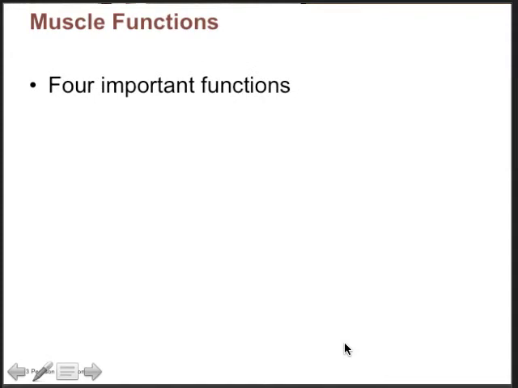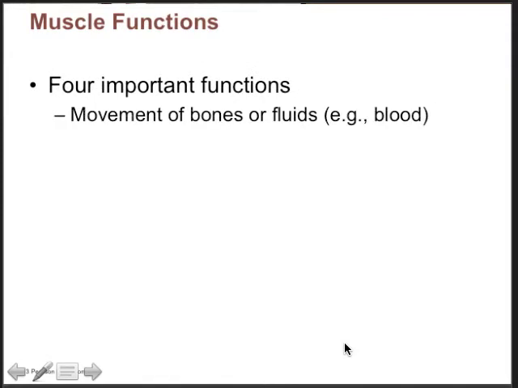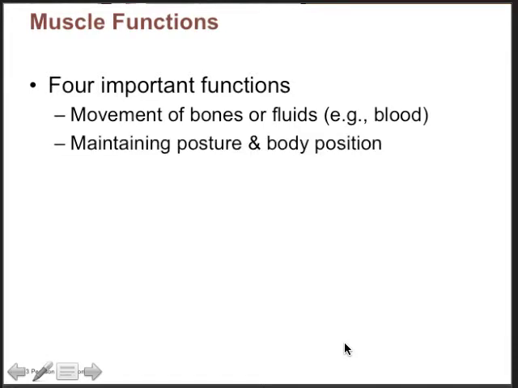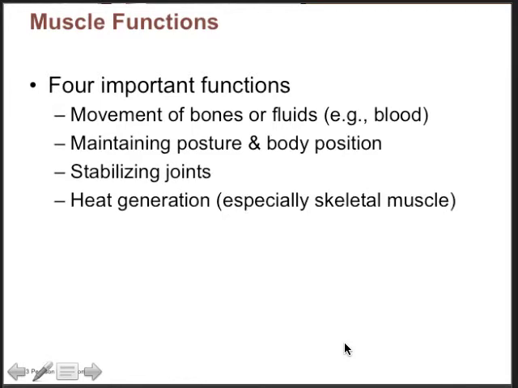What are some important functions of muscle tissue? Well, the movement of bones and the movement of fluids, a couple of very important functions of muscle tissue, maintaining the body posture and position, stabilizing joints, and the generation of heat. On a cold day like today, I'm sure you've noticed that when you sense a decrease in temperature, you begin to shiver.